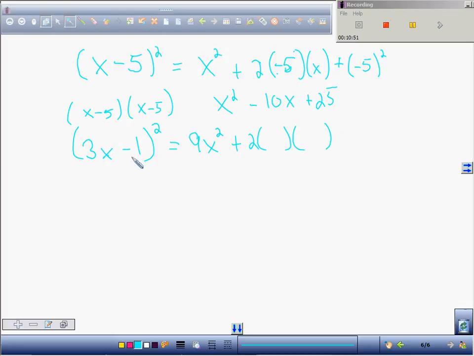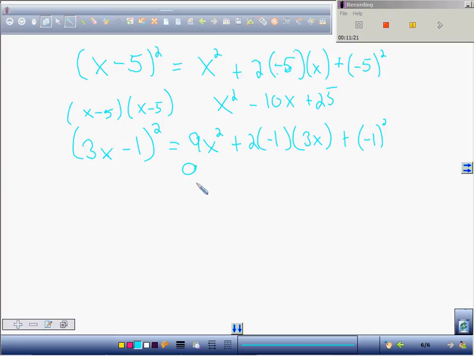Times what? Negative 1 times 3x. Okay? Plus negative 1 squared.